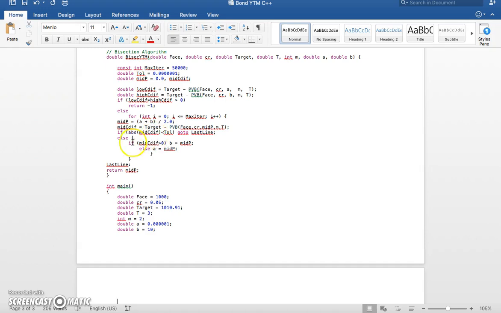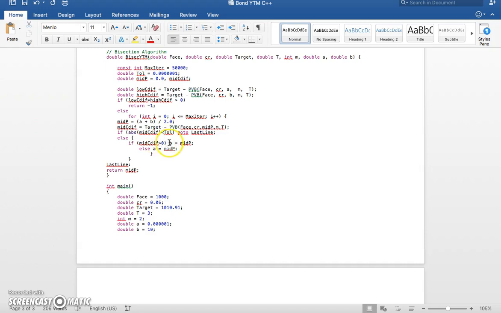But otherwise, else, if this value is greater than 0, which is going to happen if A and B combined together divided by 2 is very, very large, this would be small. This would be their market price of 1077 or whatever, and the difference would be positive.